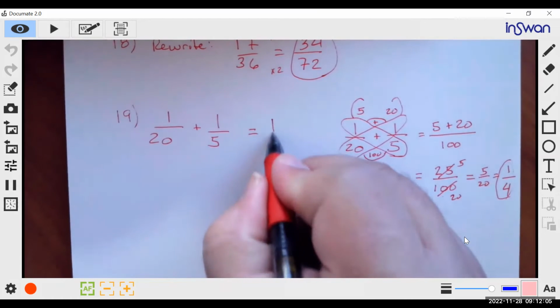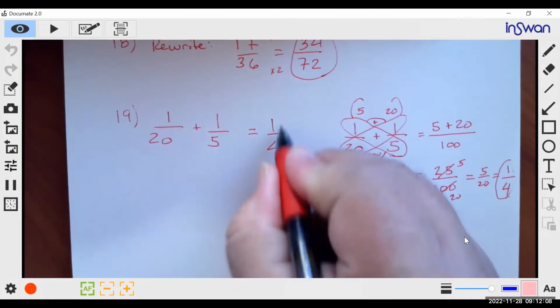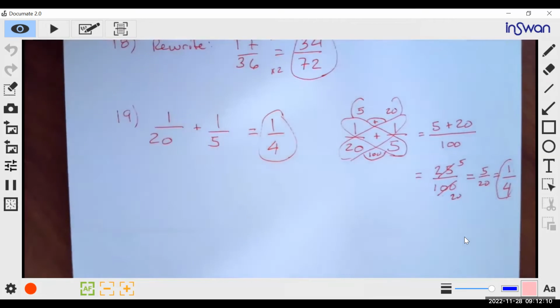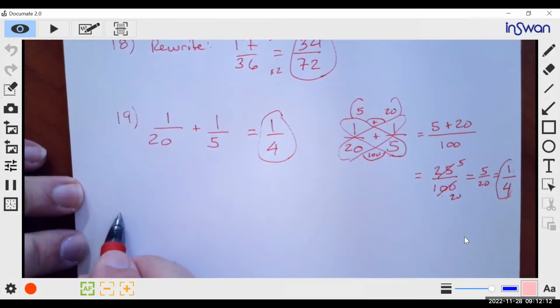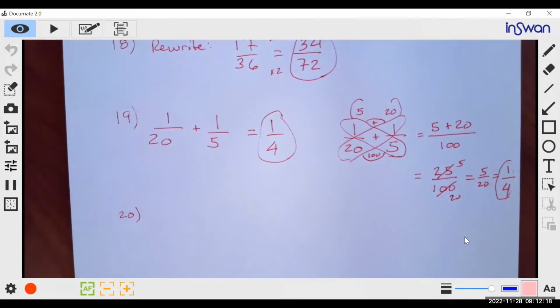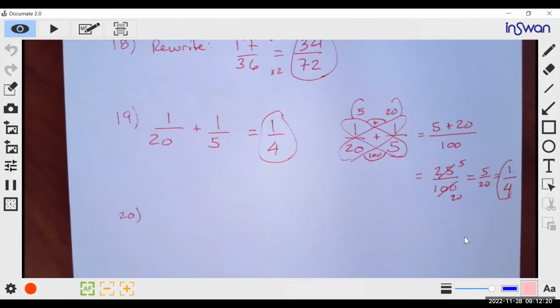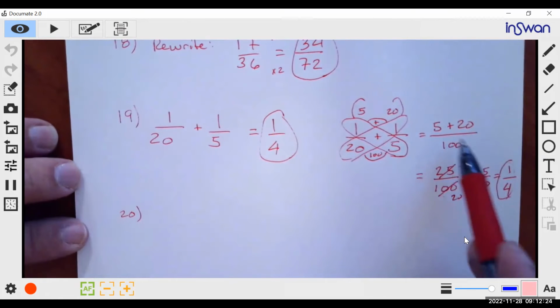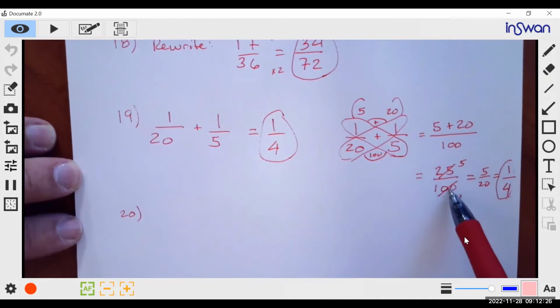So the answer is 1/4. Whenever you have fractions, you're not done. See if you can simplify it even further. 20 plus 5 is 25. 25 goes into 100 4 times.